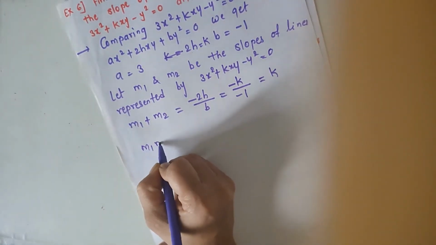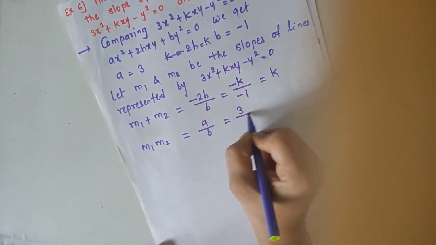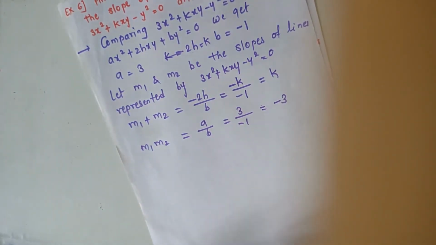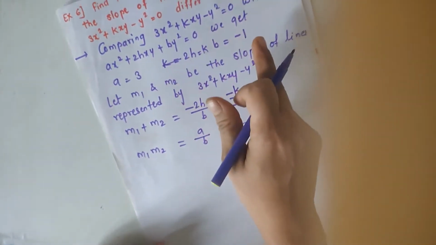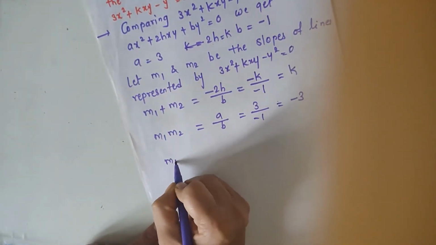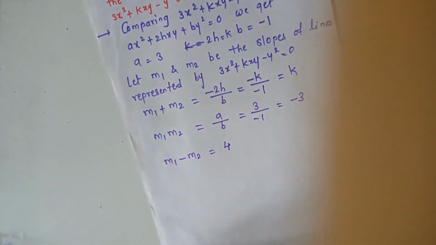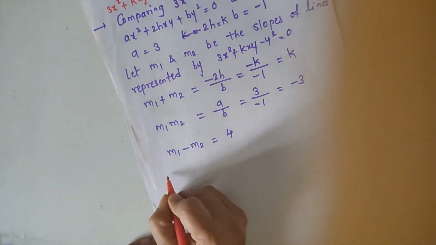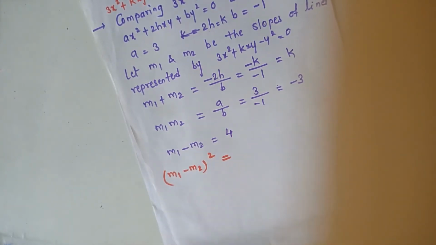And product of slopes is equal to a upon b is equal to 3 upon minus 1, that is minus 3. Here the condition is the difference of slopes of lines is 4. So the condition is m1 minus m2 is equal to 4. In this example, we use the expansion of m1 minus m2 bracket square in a different form.